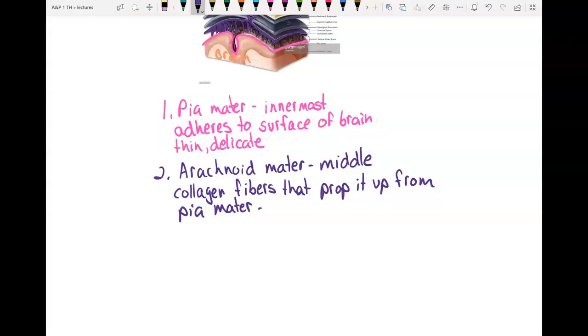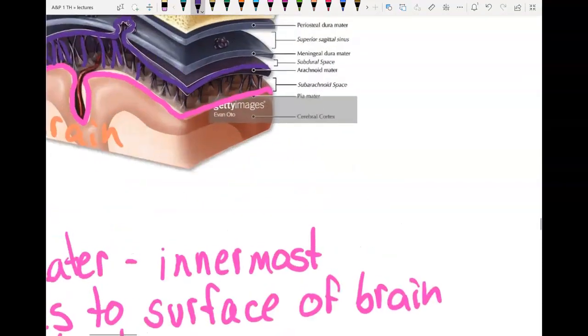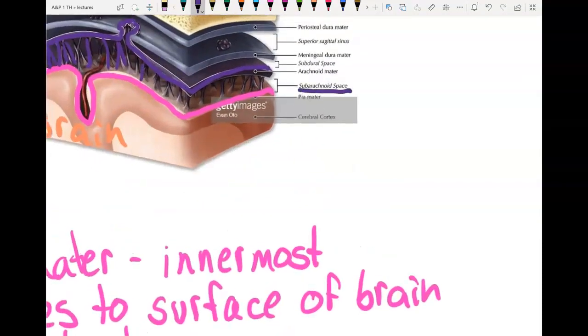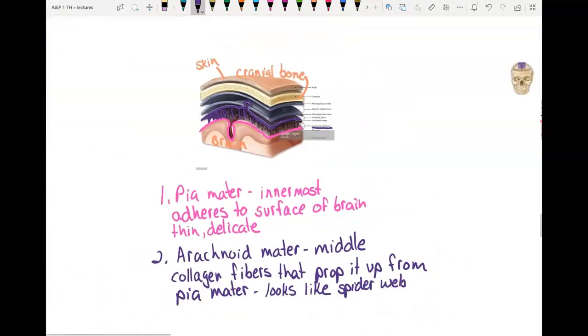And this gives it a look like a spider web. So all those collagen fibers propping it up kind of look like a spider web. And that's why it's called arachnoid, after a spider. This propping up creates a subarachnoid space. You can see it's labeled here, the subarachnoid space. So that's the purpose of these collagen fibers.